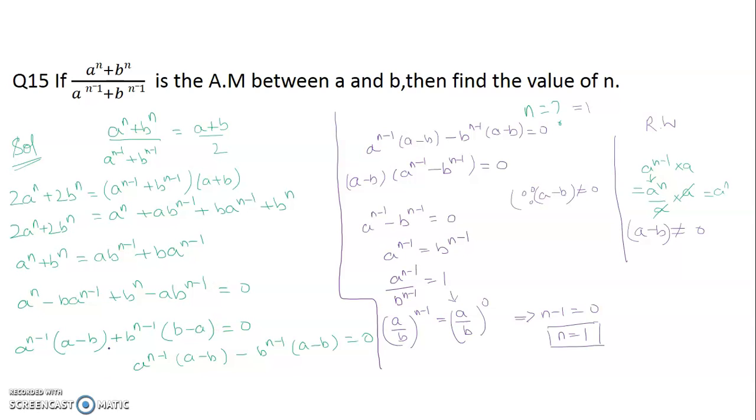Nothing difficult, so be careful here taking this common: a^(n-1) we are taking common, and this you cannot take equal to 0. Already explained this. Then this 1 I can write as (a divided by b) raised to the power 0. So in this way you can solve this question.